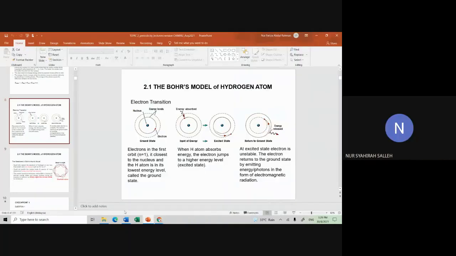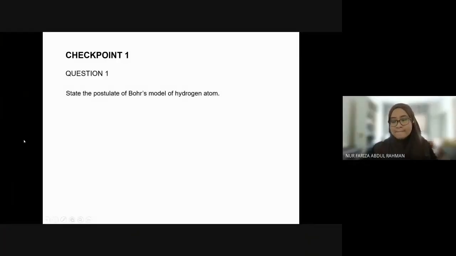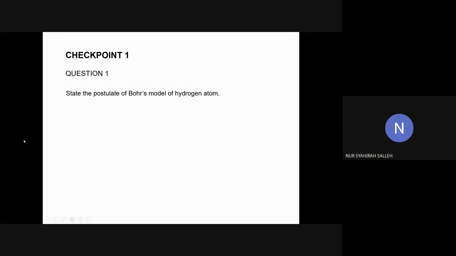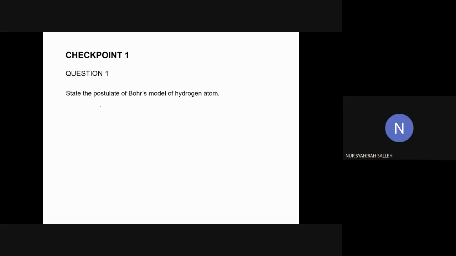The hydrogen atom has only certain energy levels. Okay, so that would be 1. The atom does not change energy while the electron moves within an orbit.